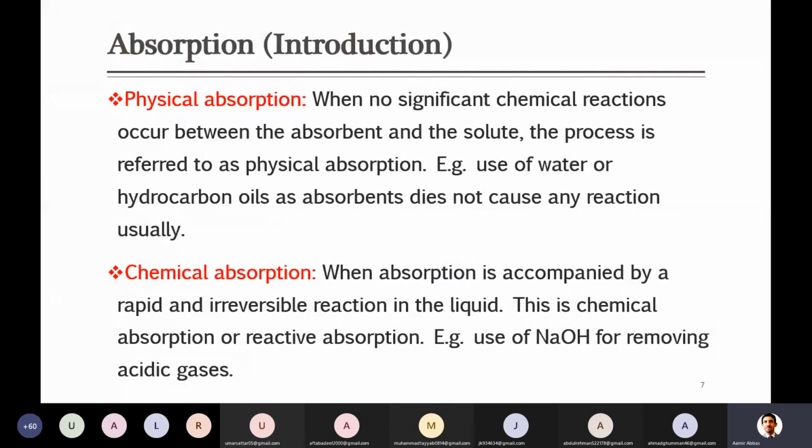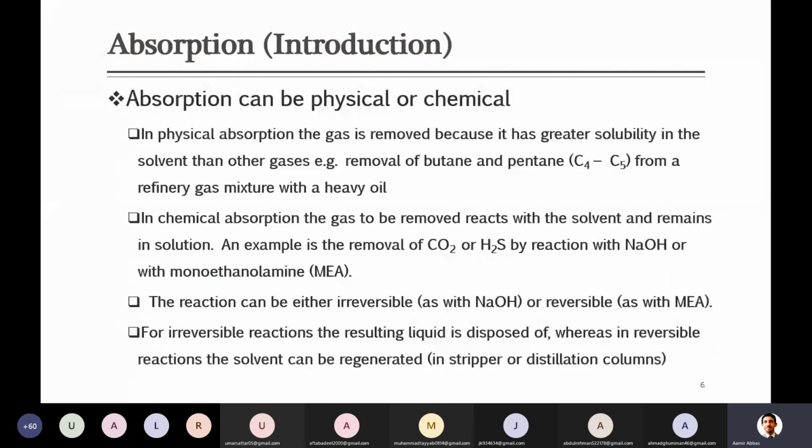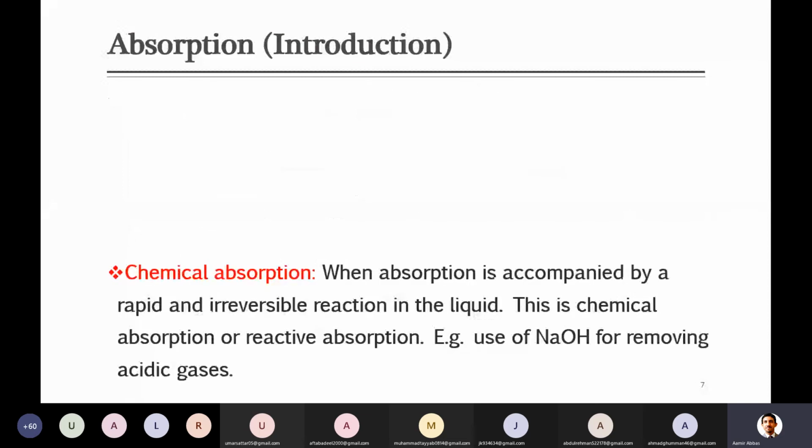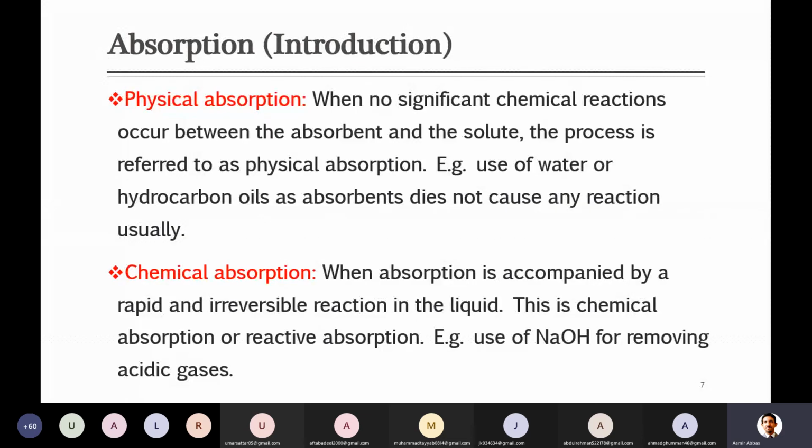More or less the same thing is again mentioned here for physical absorption. I already mentioned it, because in the last slide I directly wrote what is happening. But what are the examples in this case? No significant reaction takes place, and there are weak bonding forces in case of physical absorption. Here it is mentioned: use of water or hydrocarbon as absorbents.